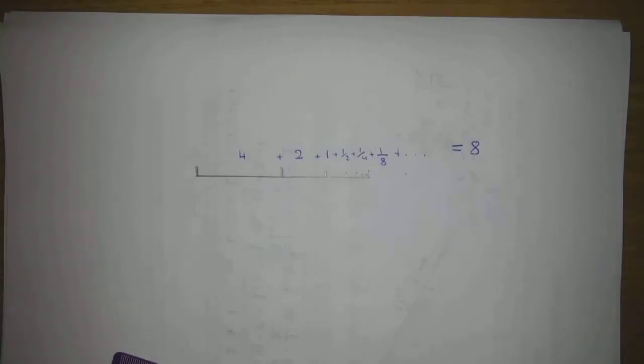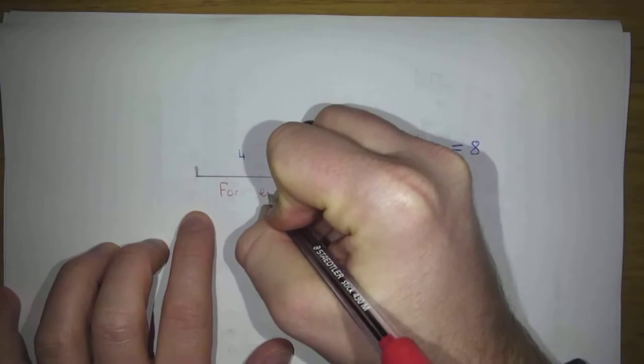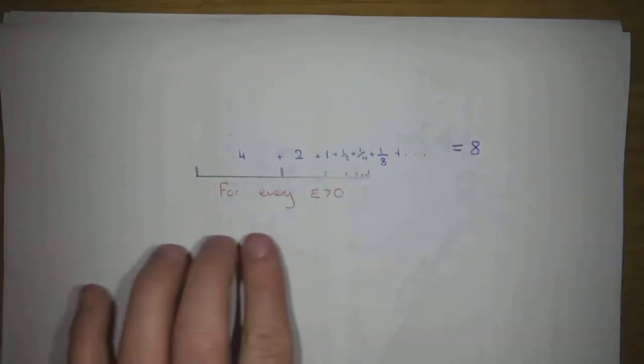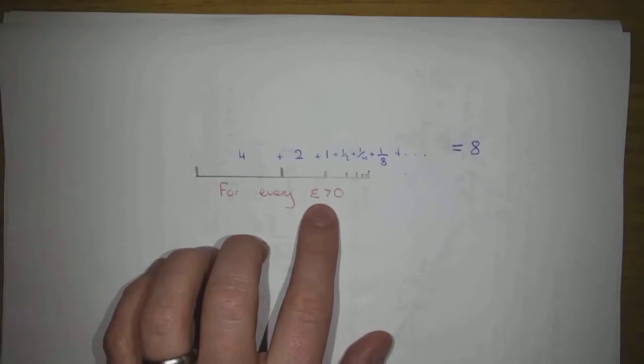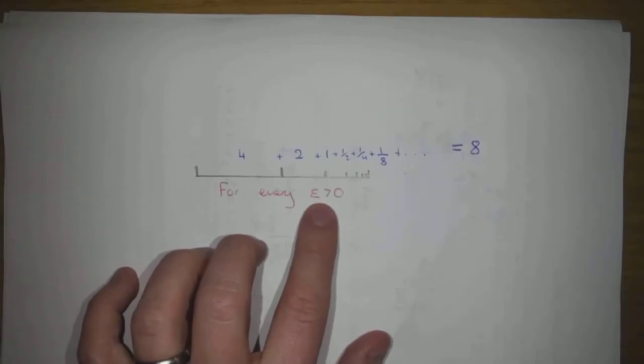Now you can write down a technical statement here. For every epsilon greater than 0, this is some fancy pure math stuff, so this is as close as you want. You can pick any tiny number you want, 0.000, a billion billion zeros, followed by a 1.